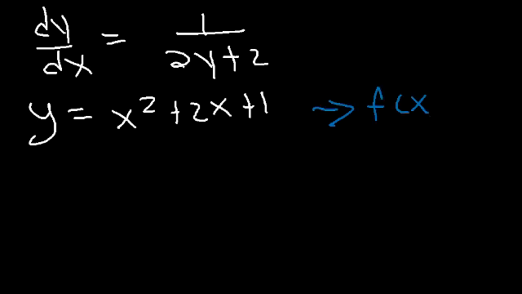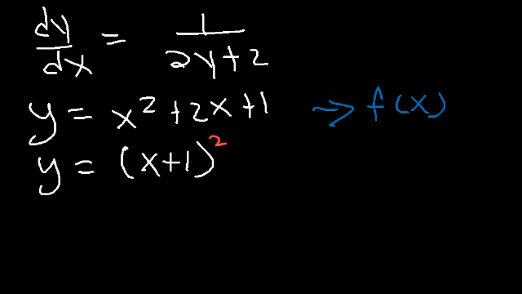So you don't want to replace y with x squared plus 2x plus 1 because this is for the inverse. The inverse and f of x, they don't match, they're different. So we've got to find the inverse function first. Notice that we can factor x squared plus 2x plus 1. It's x plus 1 times x plus 1, which we can write as x plus 1 squared. So at this point, go ahead and find the inverse function.